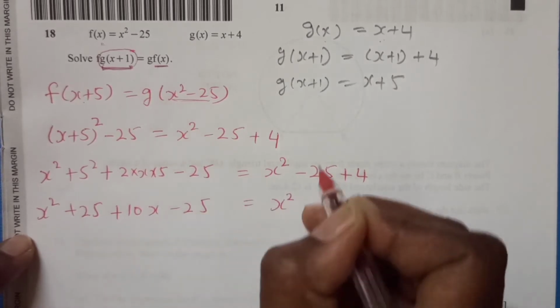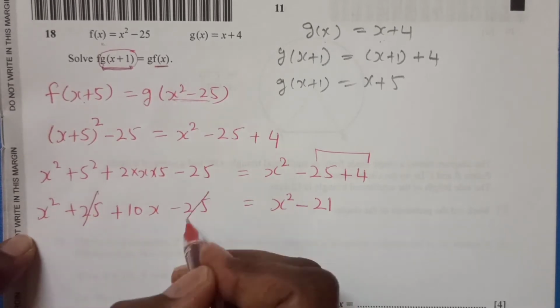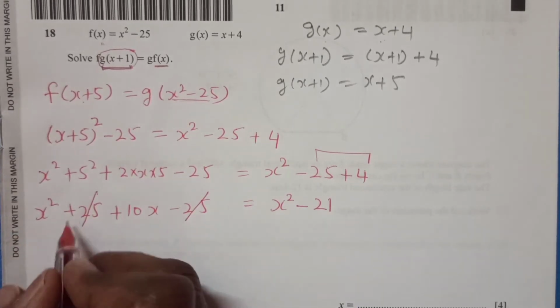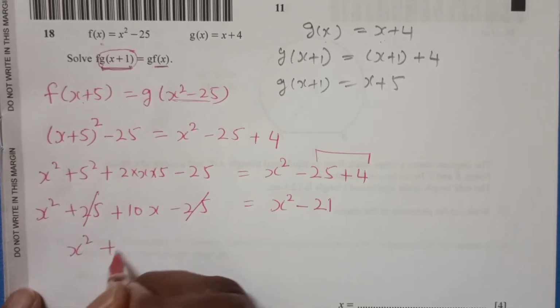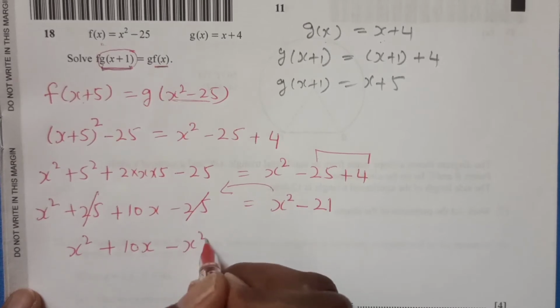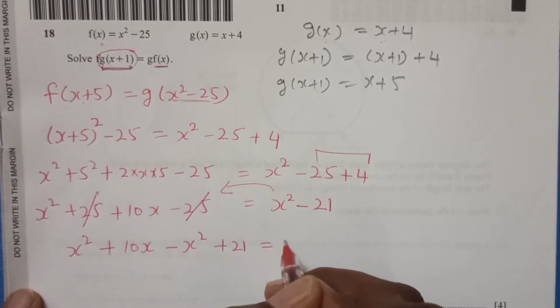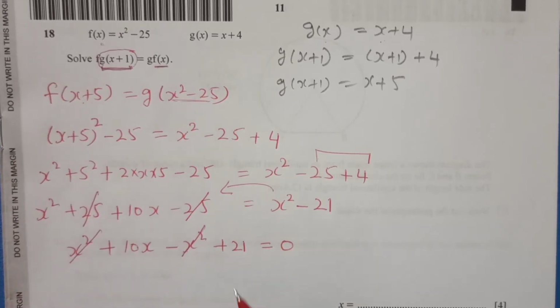So this is x squared. When you do this one, it's negative 21. Now 25 minus 25 is 0, right? So we have here x squared plus 10x, bringing this to the other side, minus x squared plus 21 equals 0. So now x squared and minus x squared, this is 0 again.